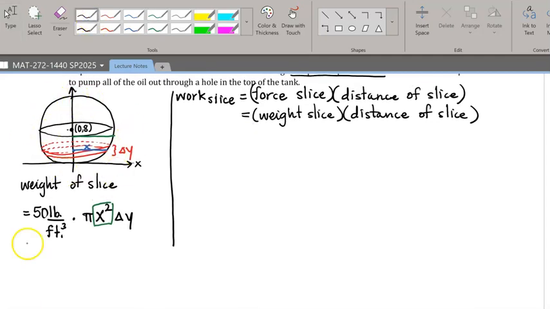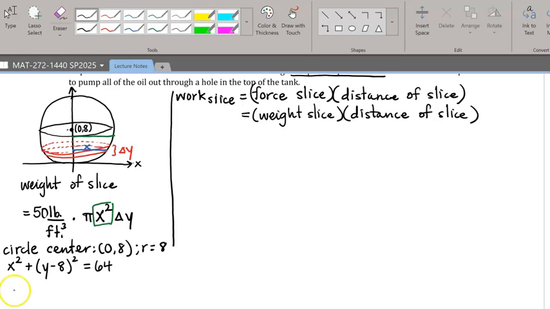I have a circle with a center at (0, 8) and a radius of 8. That means the equation of that circle is x squared plus (y minus 8) squared is equal to the radius squared, which is 64. This is simply the equation of a circle. So I can conclude that x squared is equal to 64 minus (y minus 8) squared.